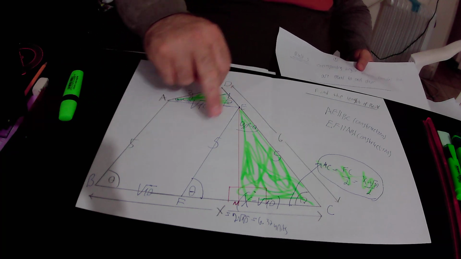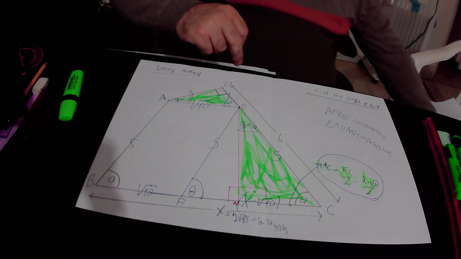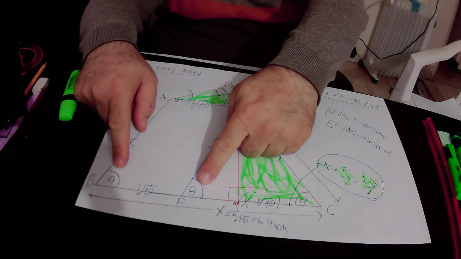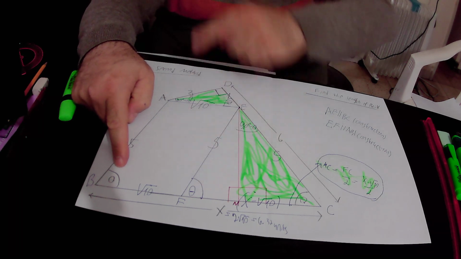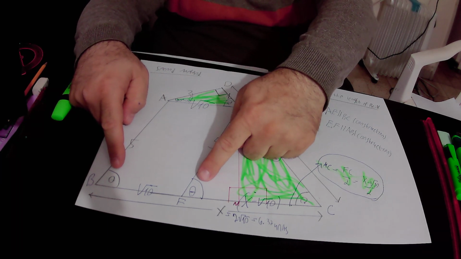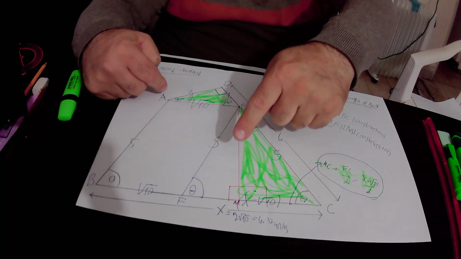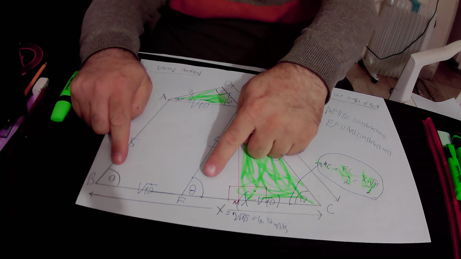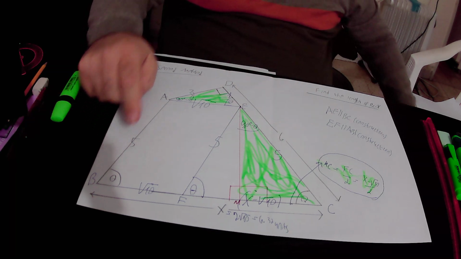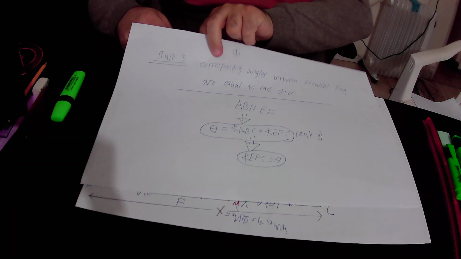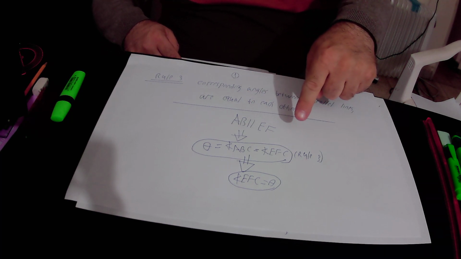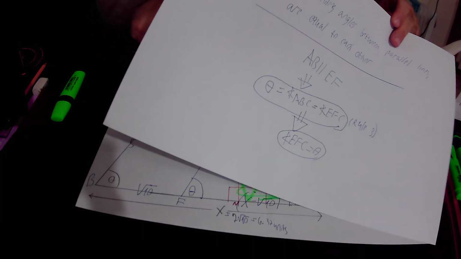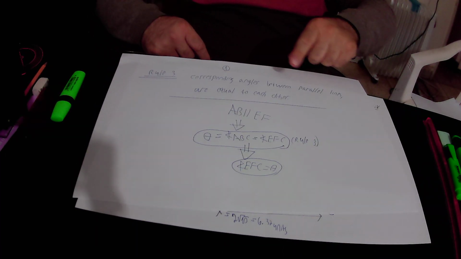Therefore, those two angles are defined as corresponding angles, and they are equal to each other according to rule number 3. Why? Because those two angles are located between the parallel lines AB and EF. That is to say, angle ABC equals angle EFC.